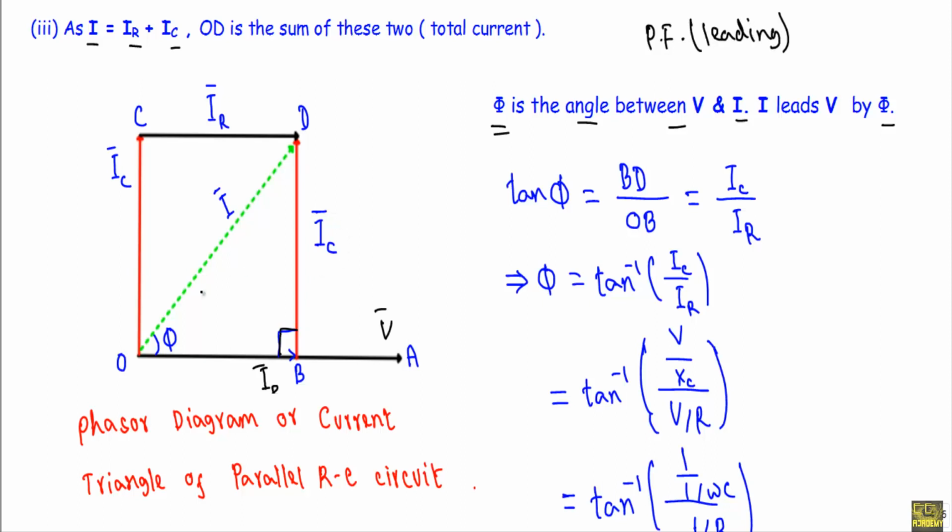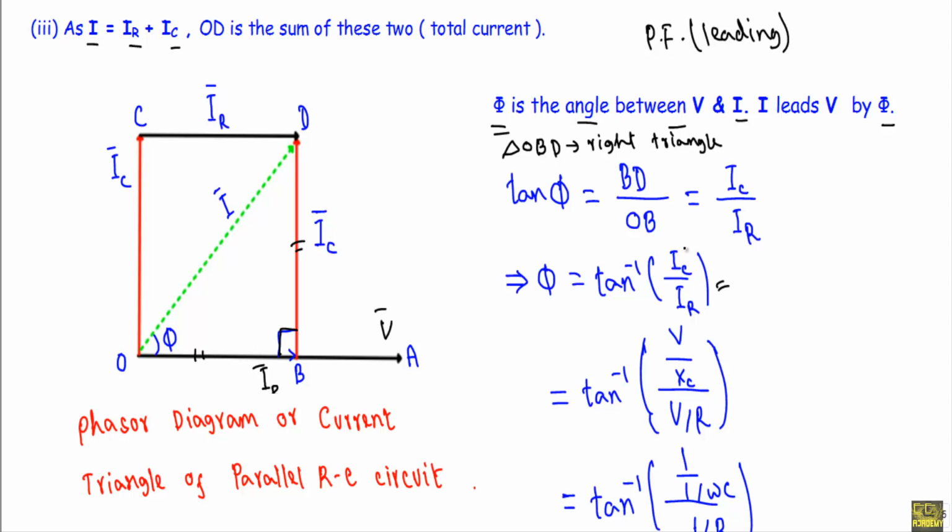Now see, if you look at this triangle OBD, this will be a right triangle. Therefore tan phi will be equal to height over base. Here height is BD and base is OB. Tan phi equals BD over OB. Here BD is equal to IC and OB is equal to IR.